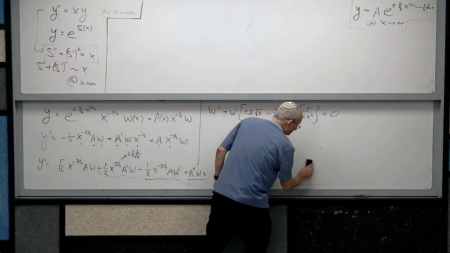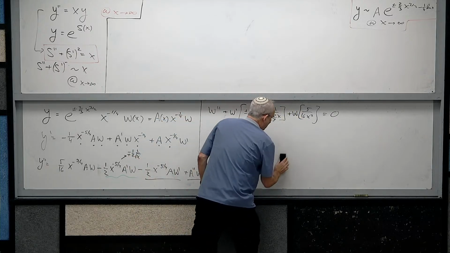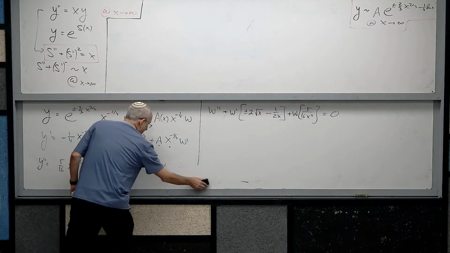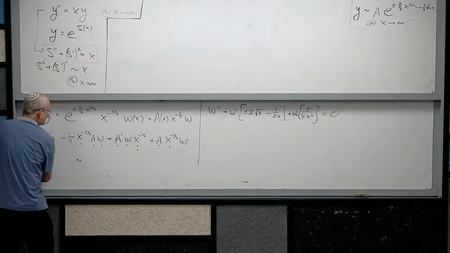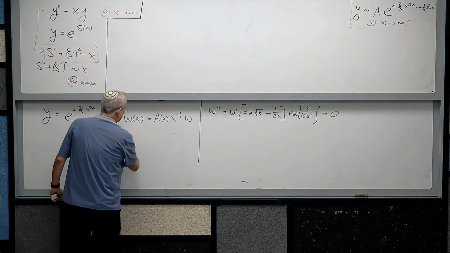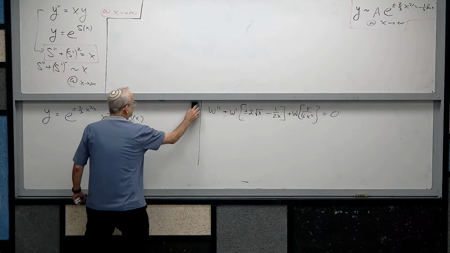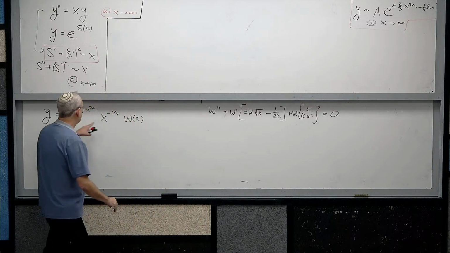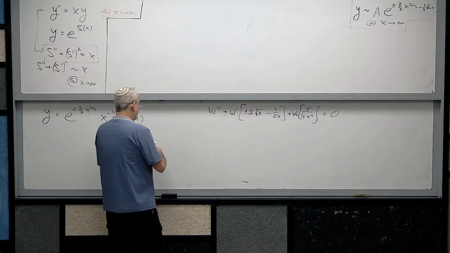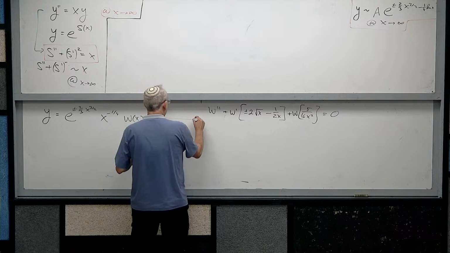So here we are. We have an equation for w that I obtained from this substitution. I put this substitution for y for the solution, and I got this equation for w.